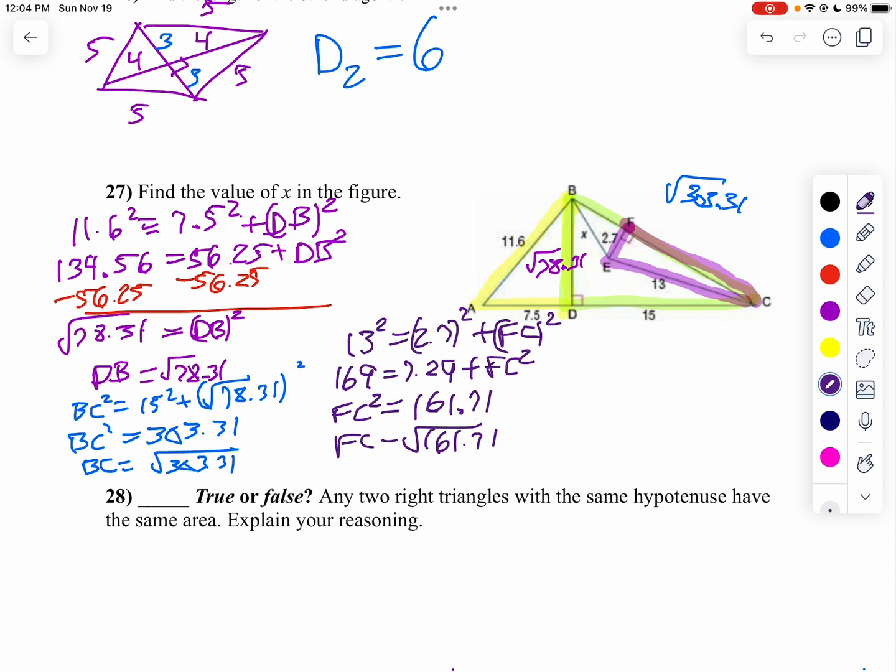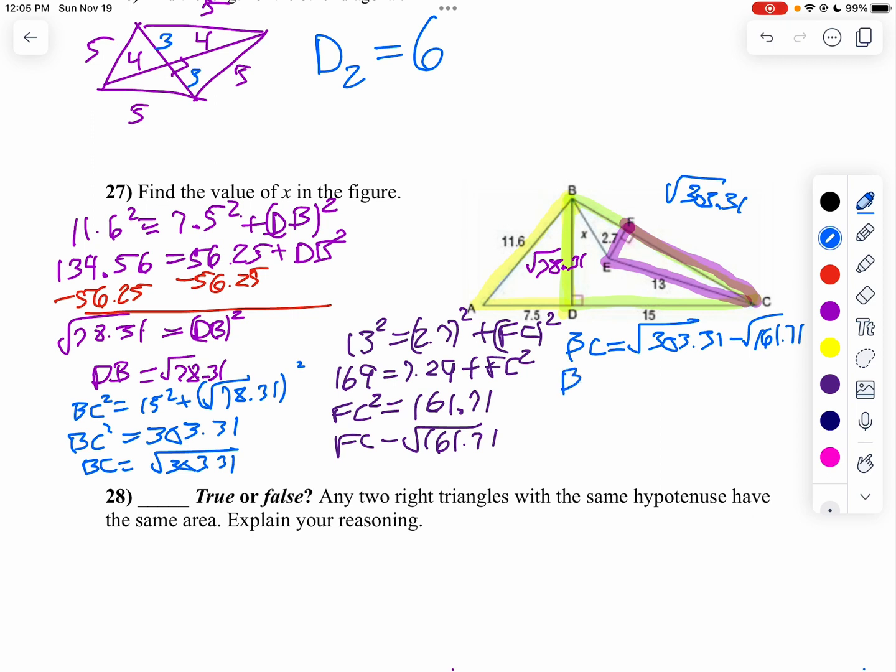So to find B to C, I shouldn't say finally. So B to C is going to be the square root of 303.31 minus the square root of 161.71. Use a calculator for that.